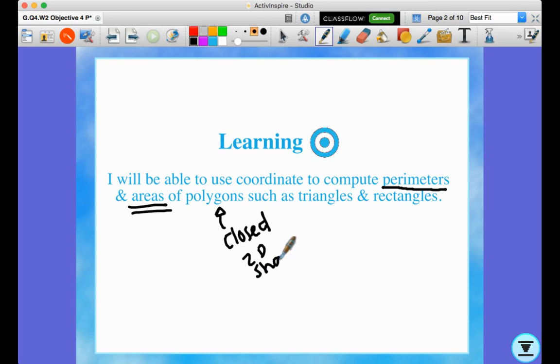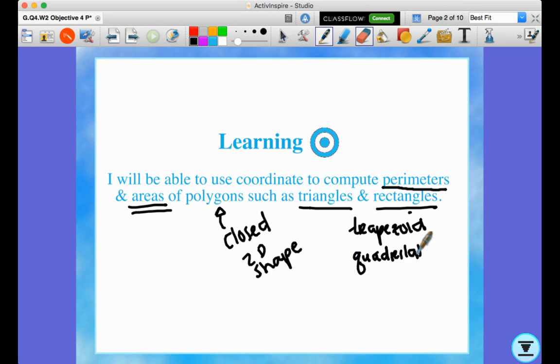That's what a polygon is, such as a triangle or a rectangle. We could be working with a trapezoid, or we could just have a quadrilateral. It doesn't have to be a regular figure.